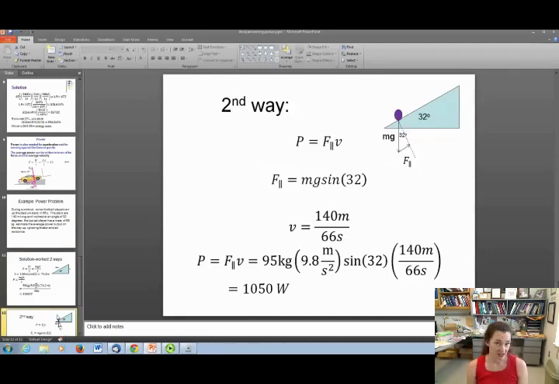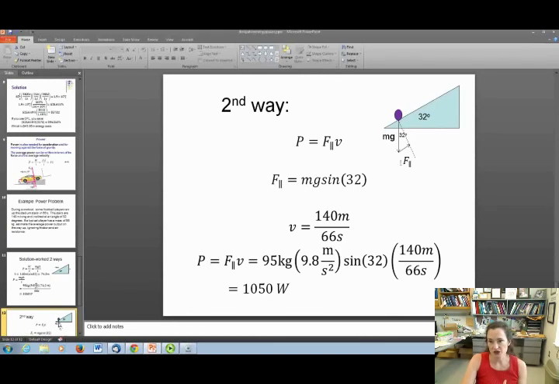All right, let's do the problem the second way. The second way would be to take the force parallel to the incline, which is the direction that the football player would have to put the force out in, and then multiply it times the football player's speed to get the power output. If you look at the power output parallel to the incline, then you're looking at this little right triangle right here, okay?